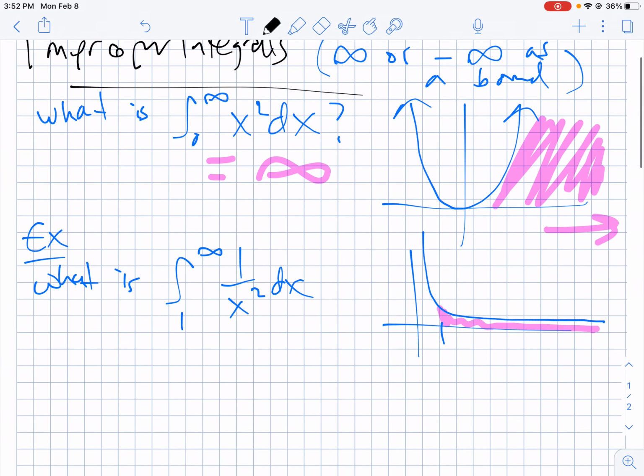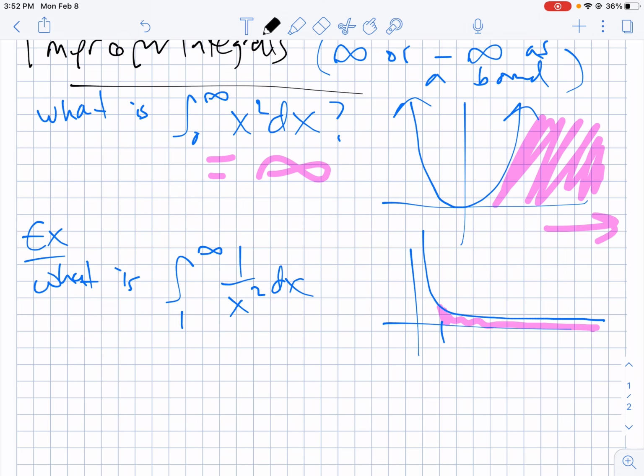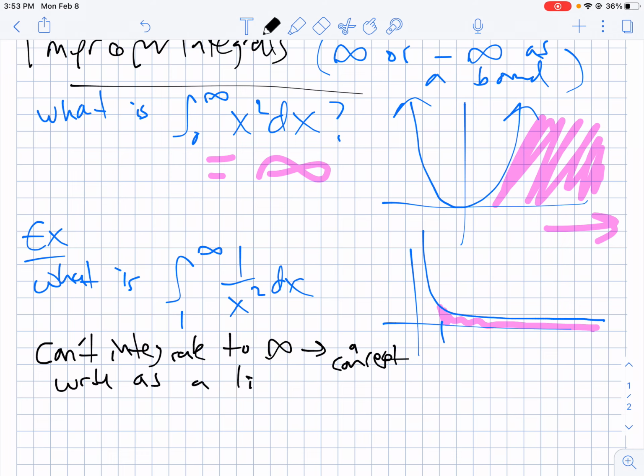So here's the overarching idea that you need to make sure you get. You can't integrate to infinity because infinity is a concept. So instead of integrating to a concept, what you're going to do is write it as a limit. When you write it as a limit, you're going to make up a variable for the infinity.